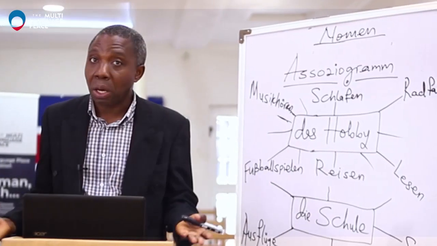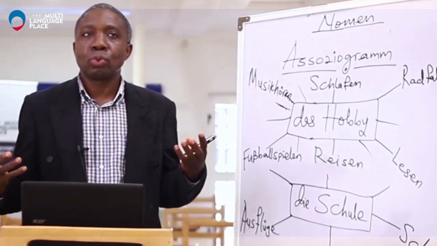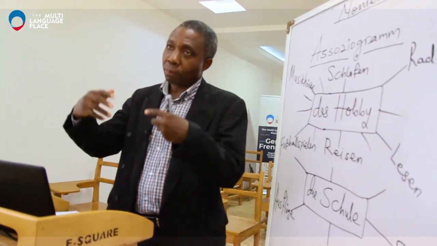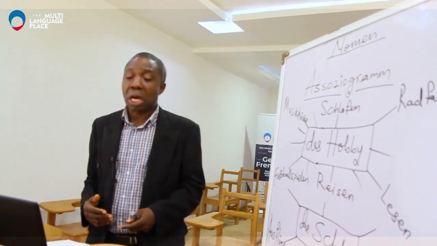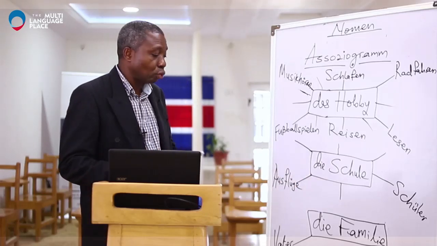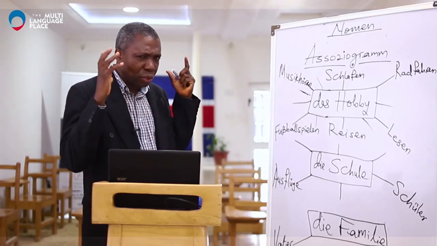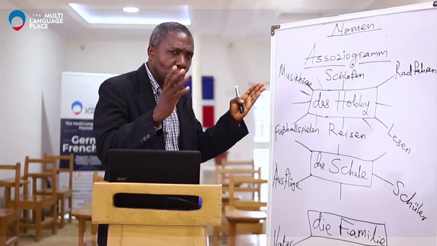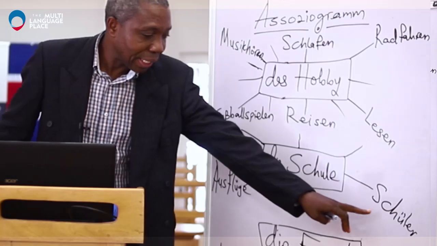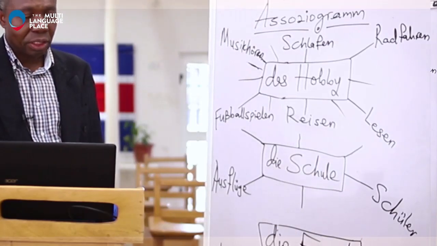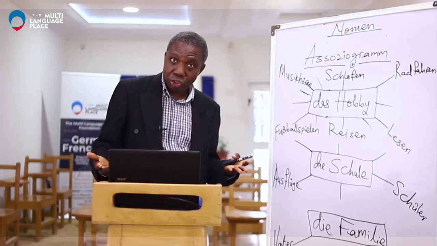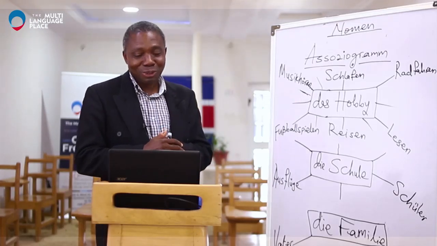Okay, die Schule. Here we have another noun, and for you to work on your own and develop your nouns, to have more nouns with association, here we have the Schule, and we're going to do it together now. What can you think of when you hear the Schule? That means the school. So I have one here: the pupils, and then Ausflüge, excursion, depending on the kind of school you go.